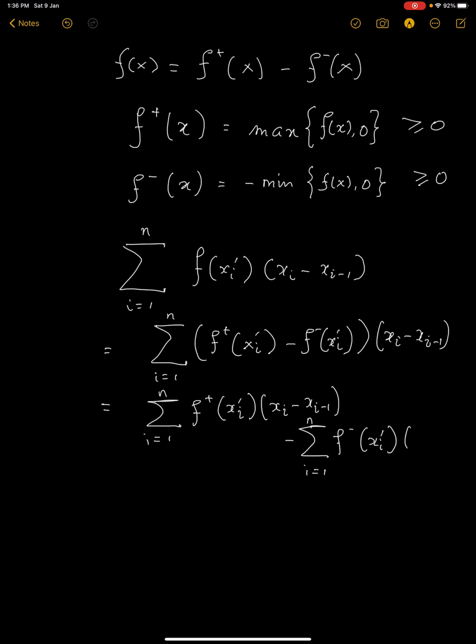Xi dash is the tag point, not a derivative, please understand. It's just a point chosen in the interval xi minus 1 to xi.